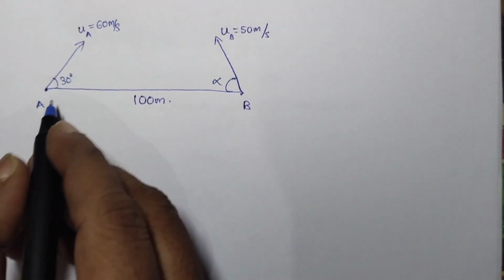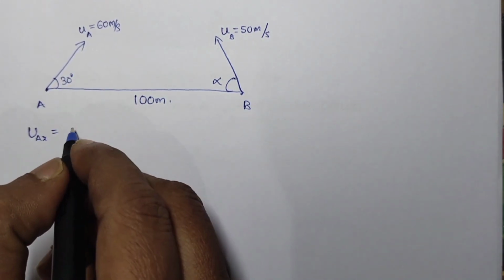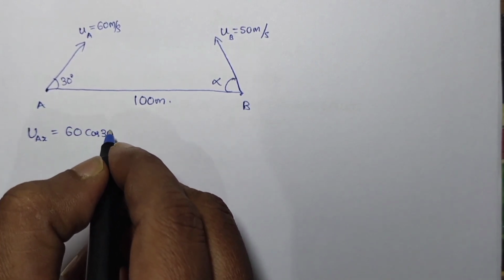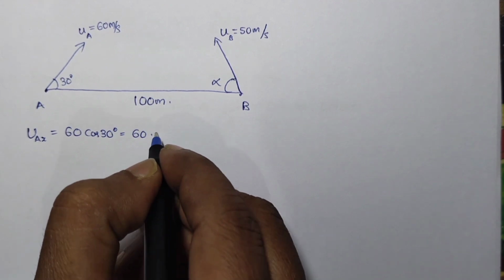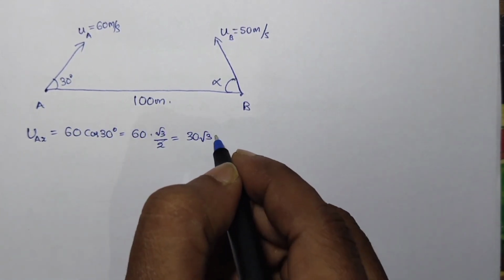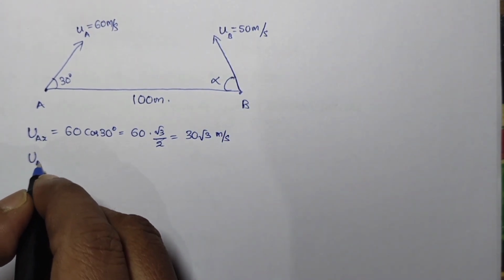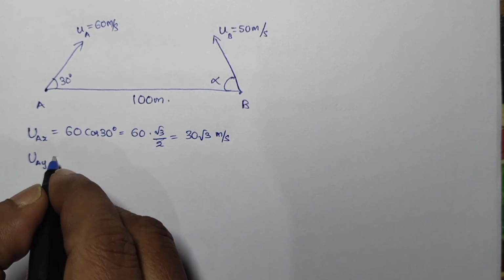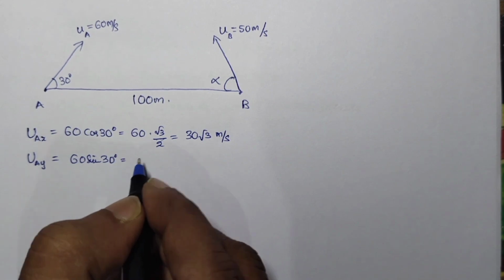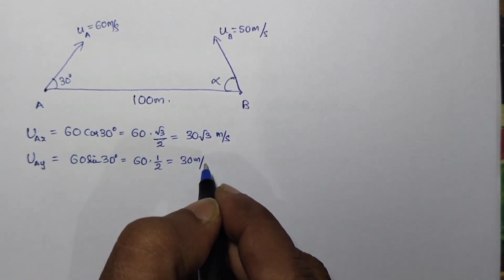In the horizontal direction, the projection u_Ax is equal to 60 cos 30, that is 60 into root 3 by 2, which is 30 root 3 meters per second. The vertical projection is 60 sin 30, that is 60 into half, equal to 30 meters per second.